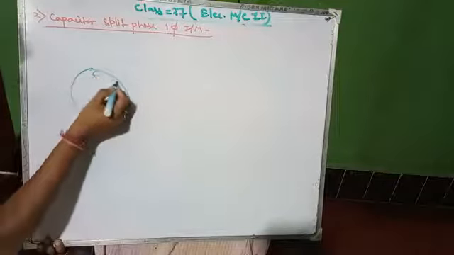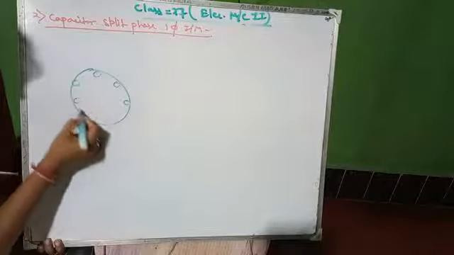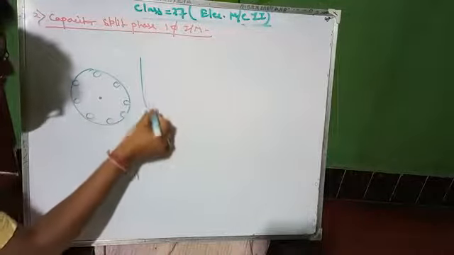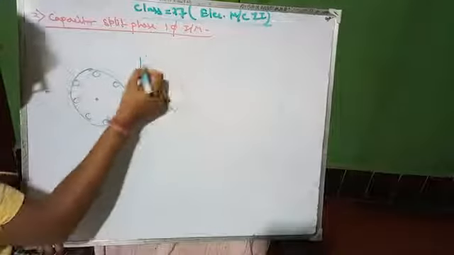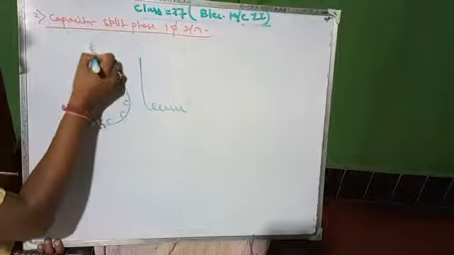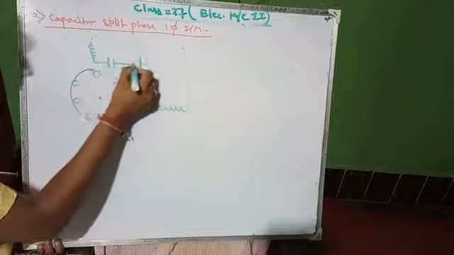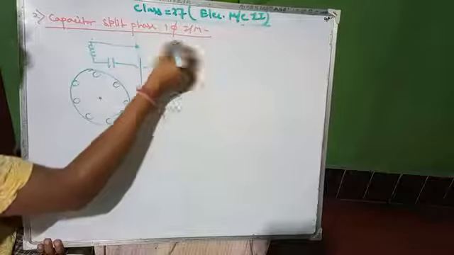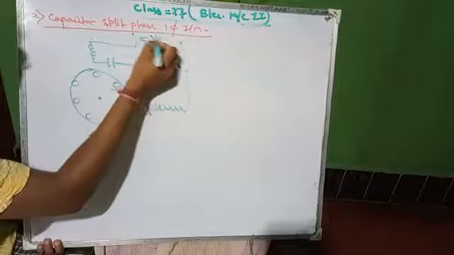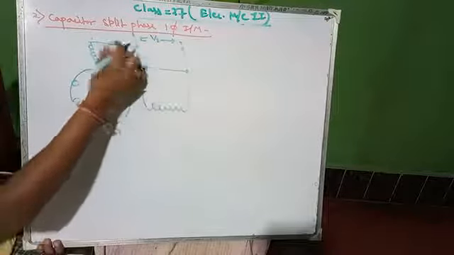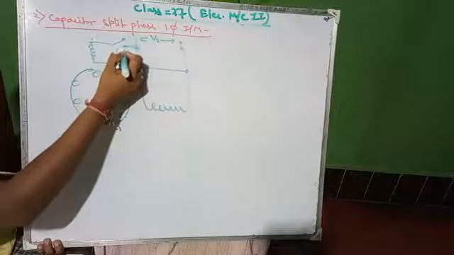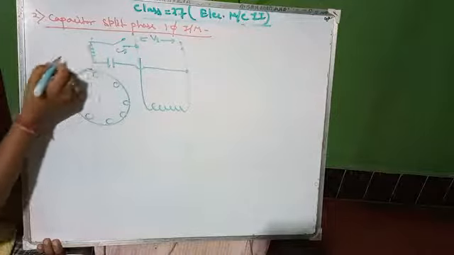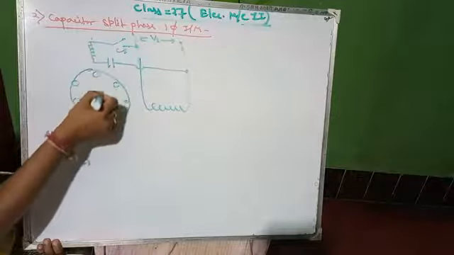So let us draw again. This is the main winding and this is the auxiliary winding. This is the single phase voltage source, Vs. The centrifugal switch CS is initially turned on. This is your rotor axis.